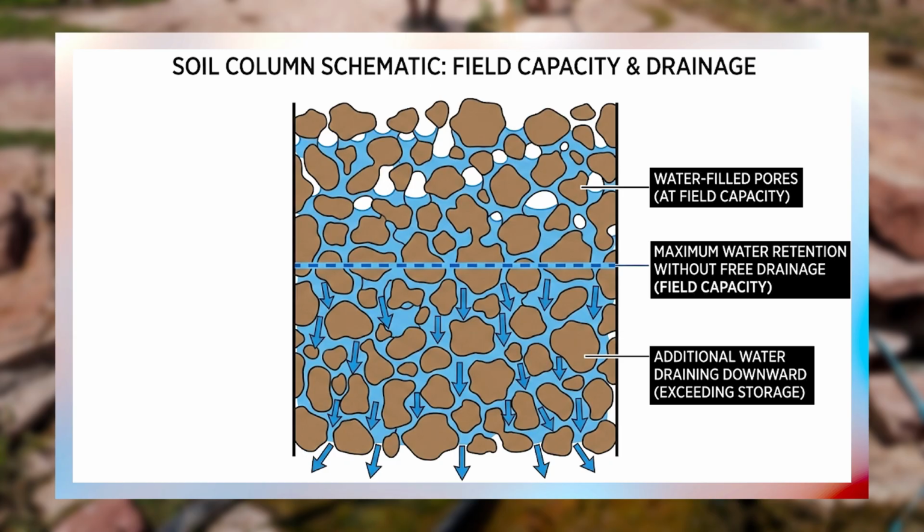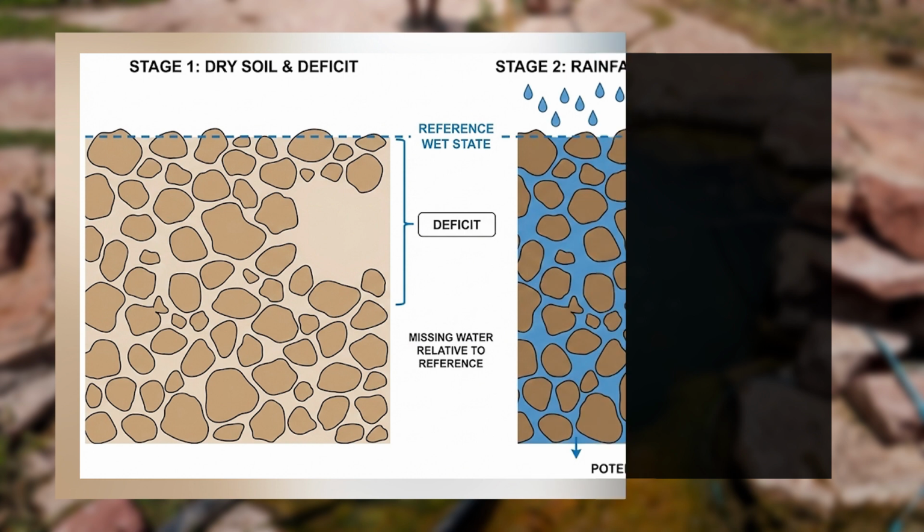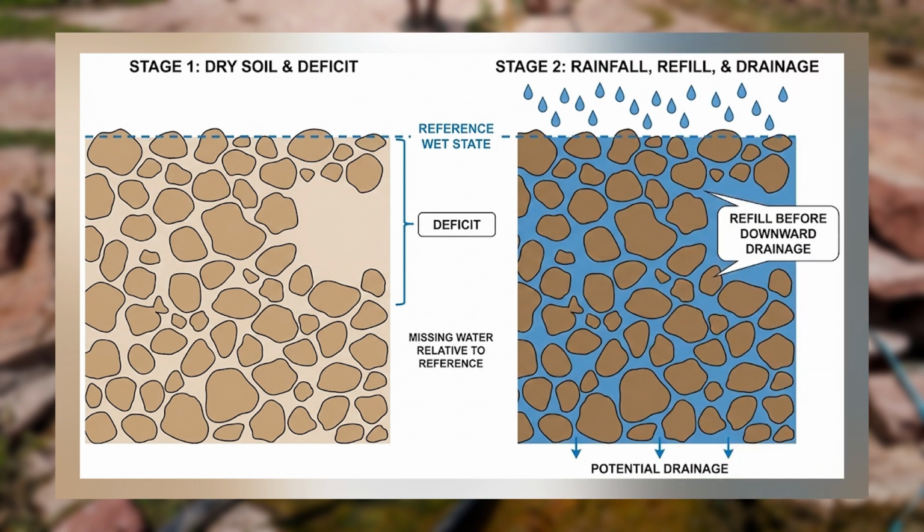This maximum water retention capacity without any water loss through dripping is termed field capacity. During the summer months, elevated temperatures and increased plant water requirements lead to the desiccation of the soil, resulting in what is referred to as a soil moisture deficit.